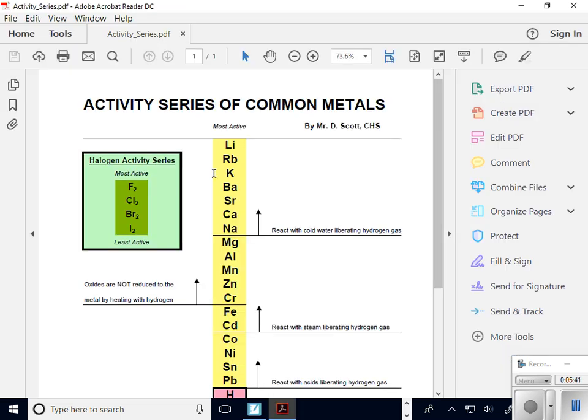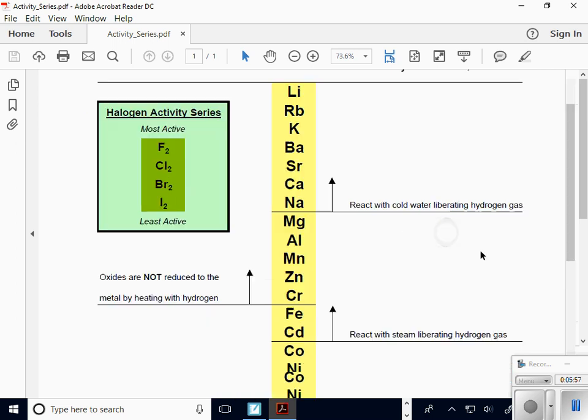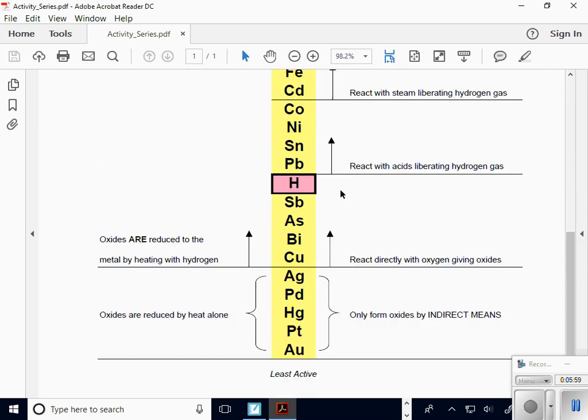Right here I am on my activity series. I wish it would move. Come on. There we go. If I look right here is copper.